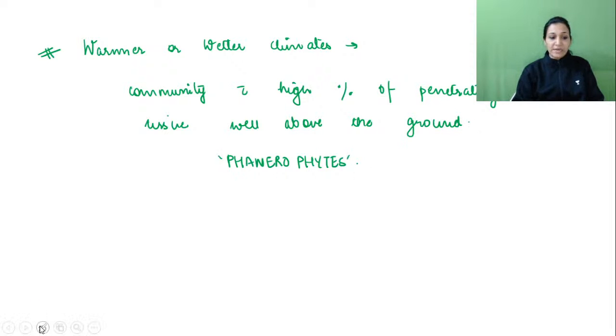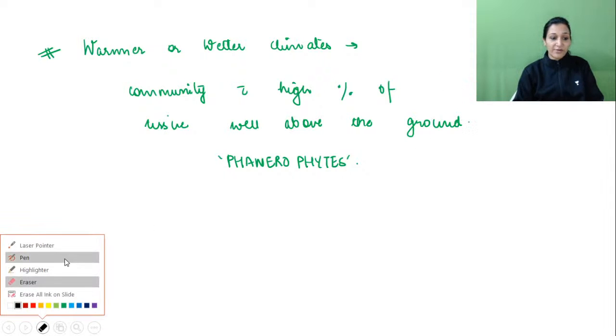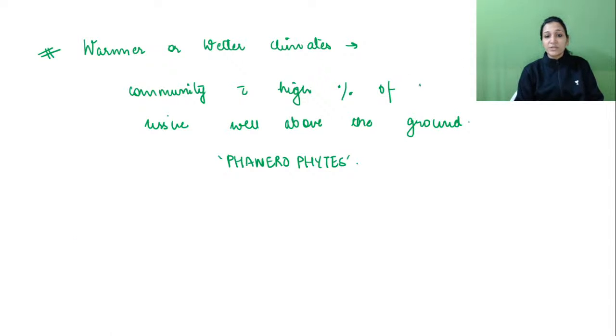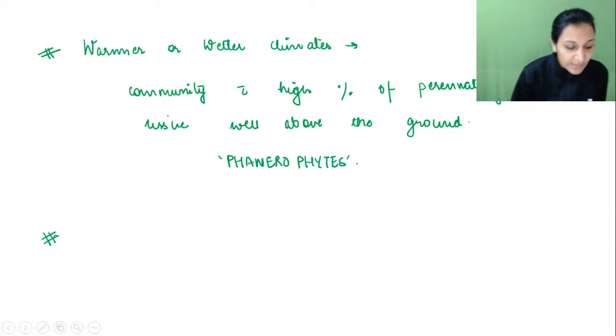It is not penetrating, it is perennating; that was a slip of the tongue while writing. We have seen the word perennating in detail till now, right? So that is about the warmer or wetter climate. Shona is there in the class and she's saying hello ma'am. Hello Shona.